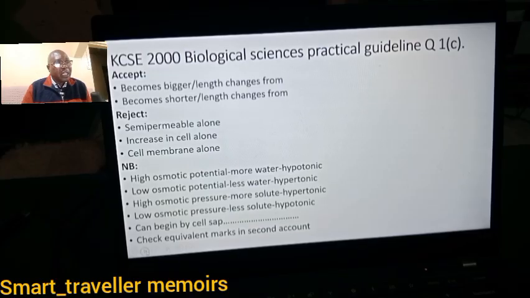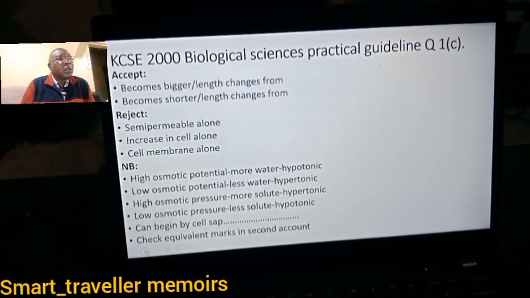Low osmotic pressure means the solution has less solute, hence hypotonic. Also note, you can begin the statements by cells' sap, and you reverse the sentences above. And don't forget to check equivalent marks in the second account.